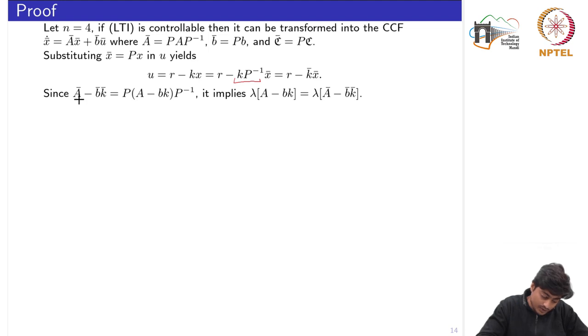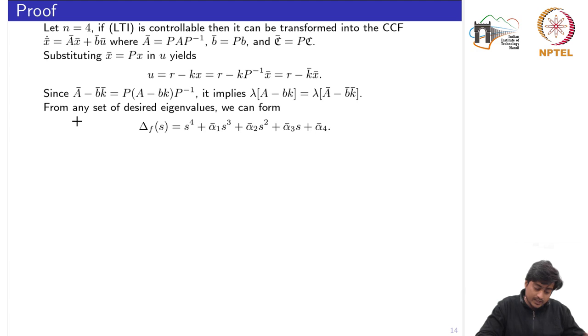So if I substitute all these A bar, B bar and k bar into this, we would obtain P times A minus BK into P inverse, which implies that the eigenvalues of this matrix would definitely be equal to the eigenvalues of this one, because P is nothing but a transformation matrix and both the matrices are related by this transformation under P. So lambda denotes the eigenvalues, and the eigenvalues of this matrix would definitely be equal to the eigenvalues of this matrix.